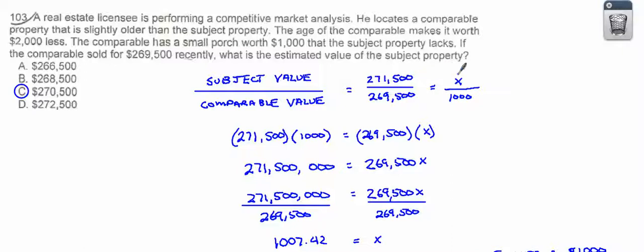That's our unknown. So really the question we're asking here is, what is the price of the porch of the subject property?